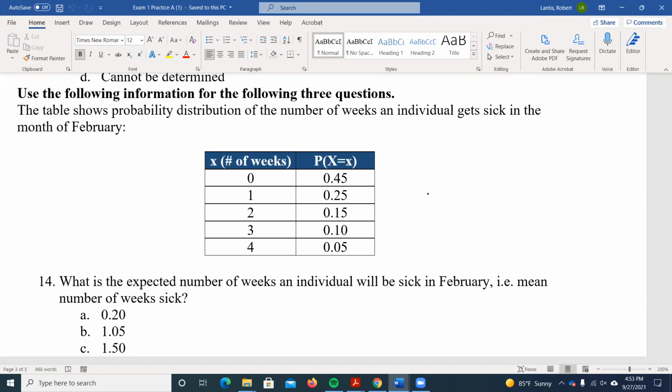Right? It's as simple as that. We don't have a denominator because it's like a weighted mean. We're using these probabilities as our weights, and if we add up the probability of every outcome, they should just add up to 1. So we don't have to worry about a denominator.